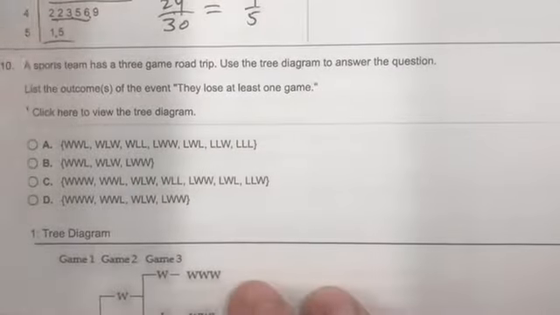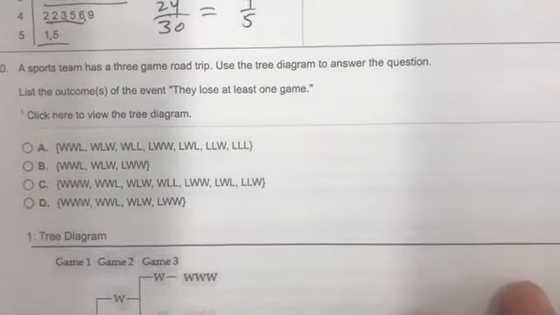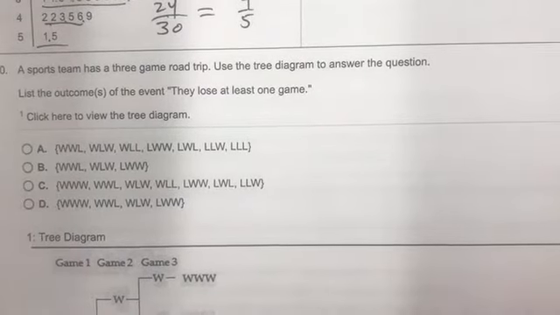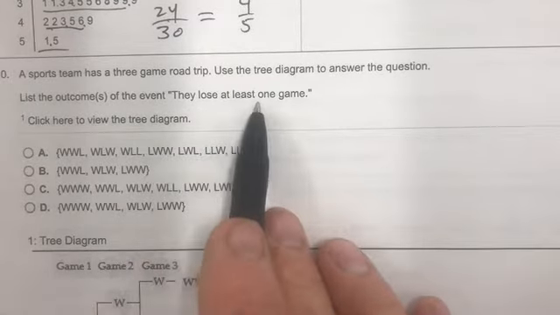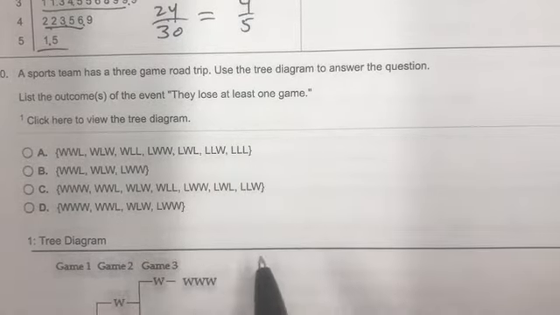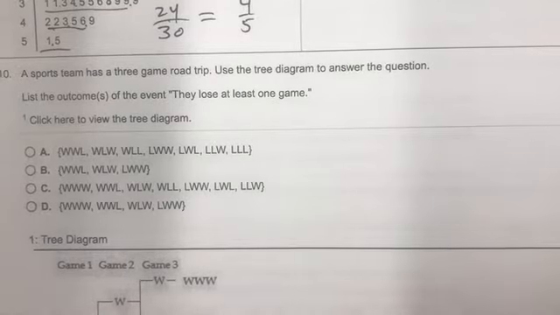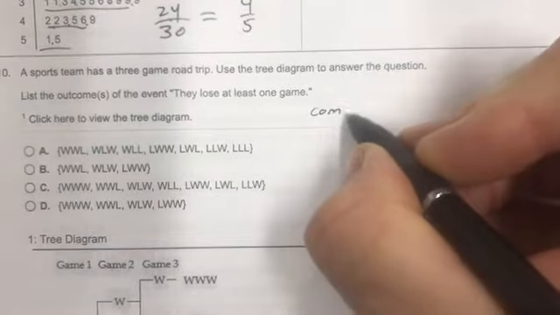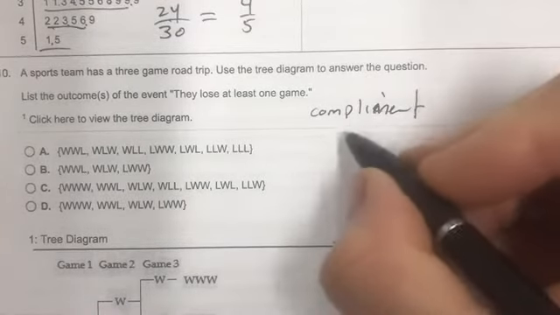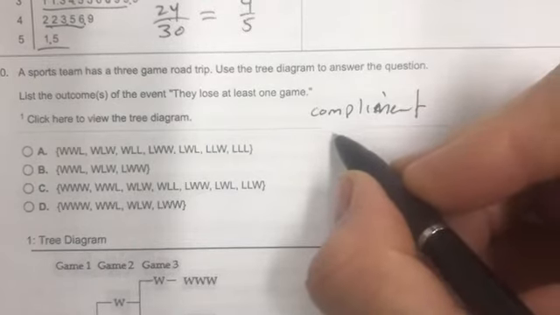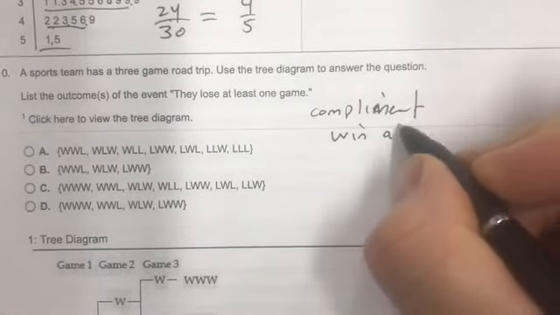Number 10, a sports team has a 3-game road trip. Use a tree diagram to answer the question. List the outcomes of the events if they lose at least one game. If they lose at least one game, they lose one or more. Now, if you remember, that's the complement that they win all their games.